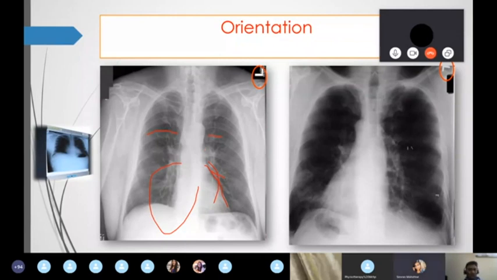So the best way, after reading an X-ray, if there are any doubts, that's the reason I told you certain segments of the middle and lower lobe you are not able to see in an X-ray, because an X-ray is a two-dimensional image of a three-dimensional structure, so we can't see some structures. If you want to see the pathology behind on the right side or left side, my suggestion is you go for a CT scan.